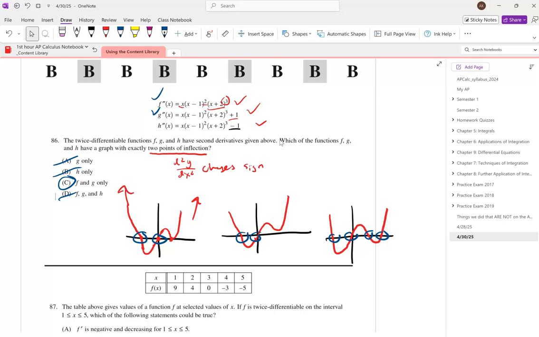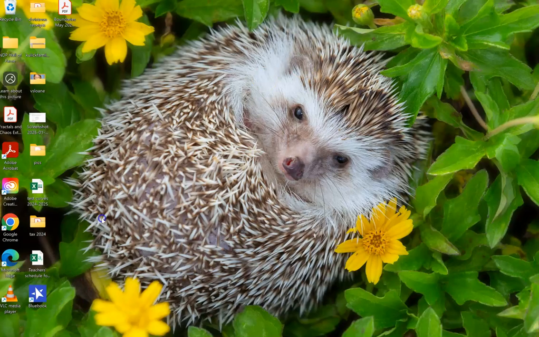Okay. Well, I'm going to talk about something here for a minute while you guys are sifting through things. So, reminder that the format for your AP exam is mixed.